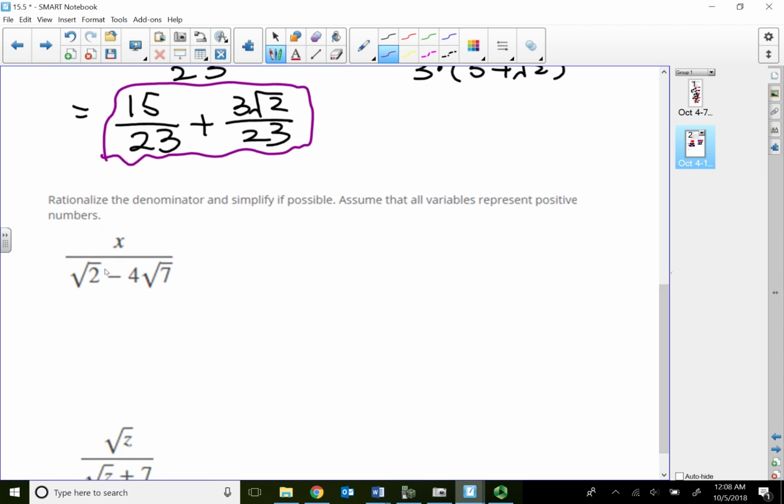This one has no variable down here, but I still have two terms in the denominator. So let's conjugate them, which means make them into a difference of squares. That will be plus 4 times square root of 7, top and bottom.